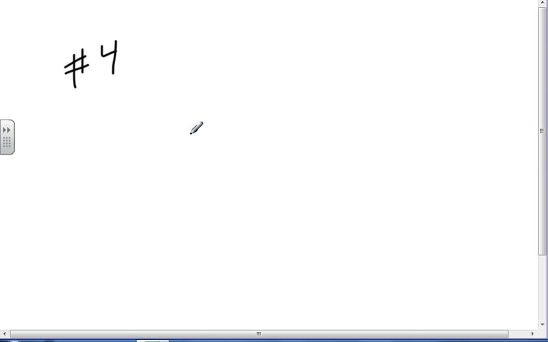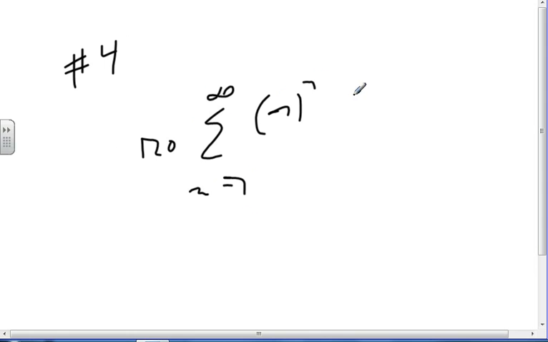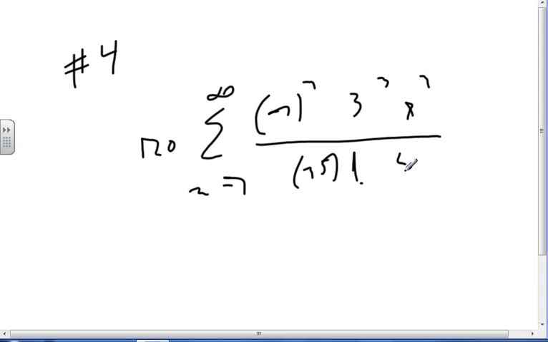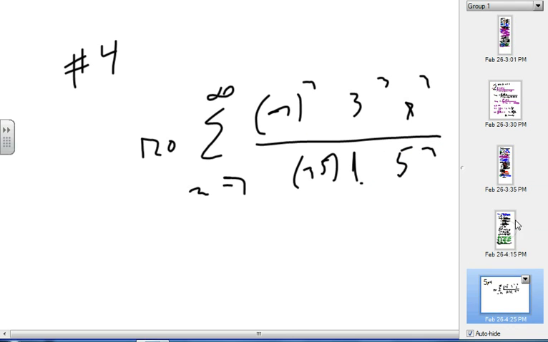Number 4, 120 summation n equals 1 to infinity minus 1 to the n, 3 to the n, x to the n, divided by n times 5 factorial 5 to the n. And the term that we messed up was which term?